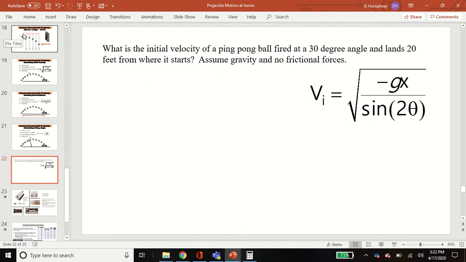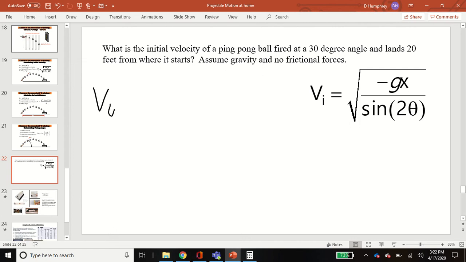So here's my formula. And so I'm going to plug in the numbers that are in this word problem. 30-degree angle, 20 feet. So 30 degrees is my theta. And 20 feet is my what? My x. That's how far it's going to go.